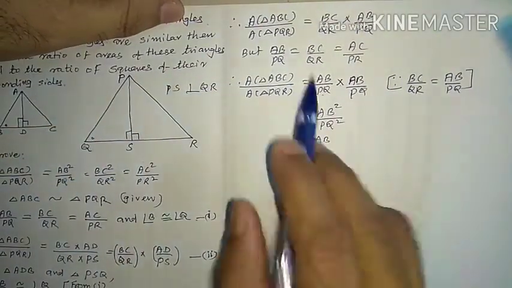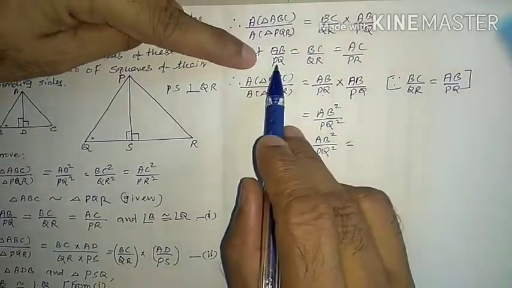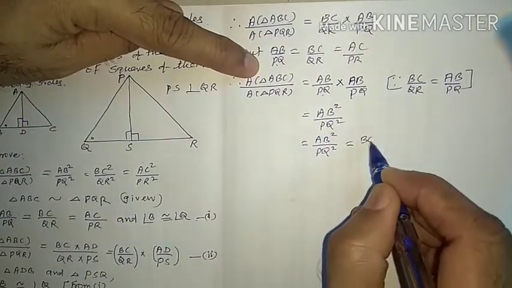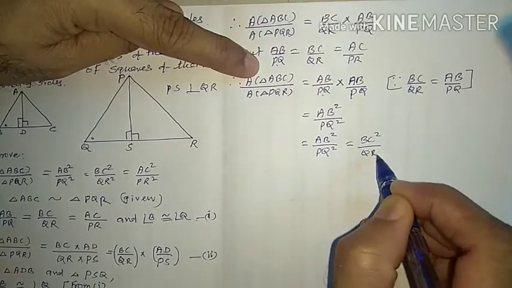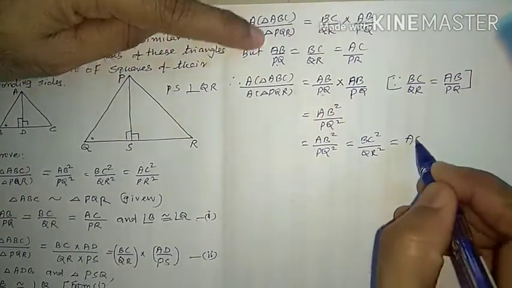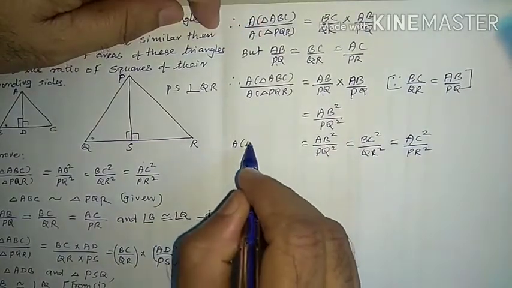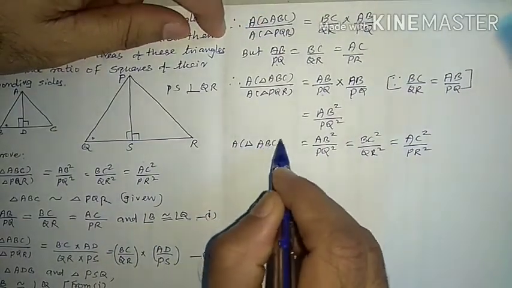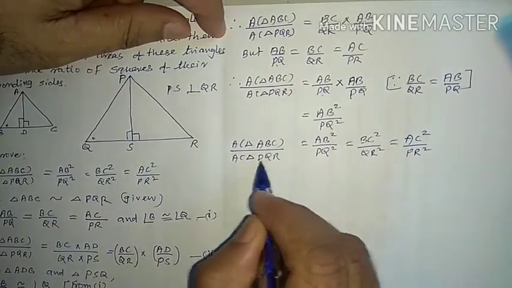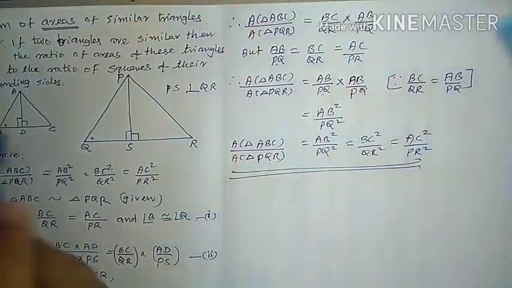Therefore, AB square upon PQ square equal to, instead of AB we write BC, so BC square upon QR square, also that is equal to AC square upon PR square. This is area of triangle ABC upon area of triangle PQR. This is the proof of this statement.